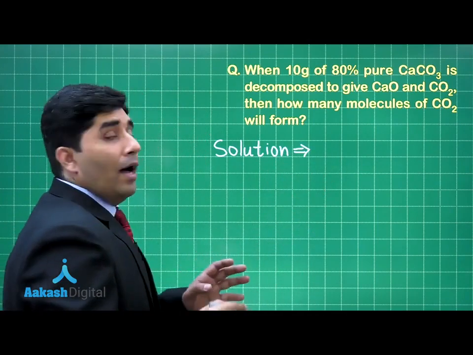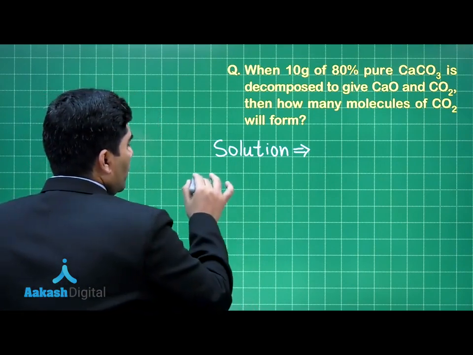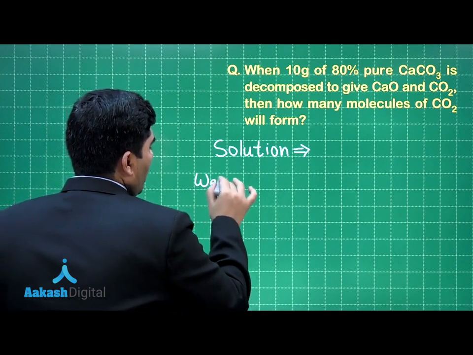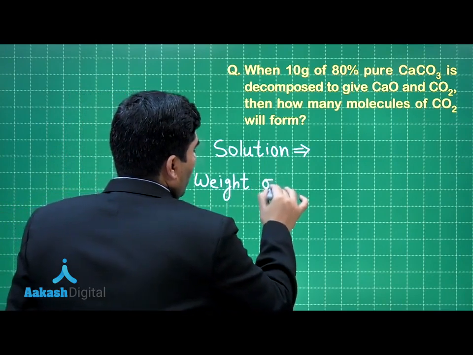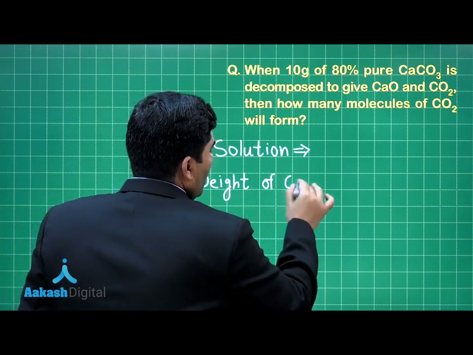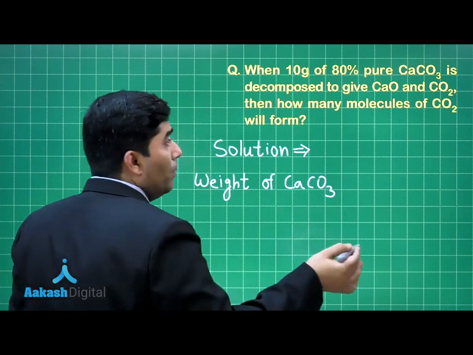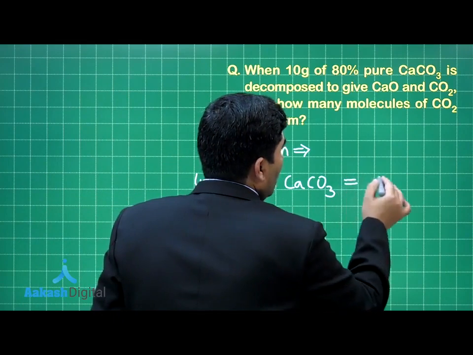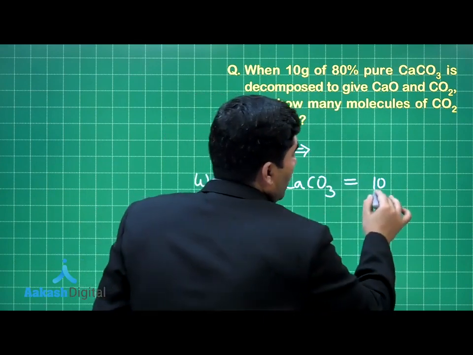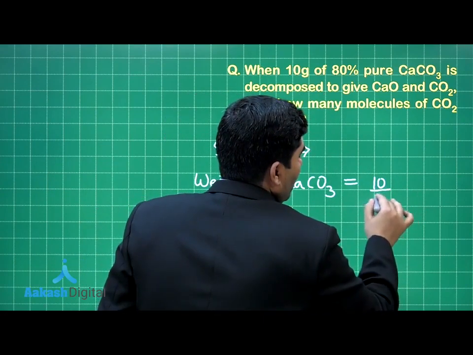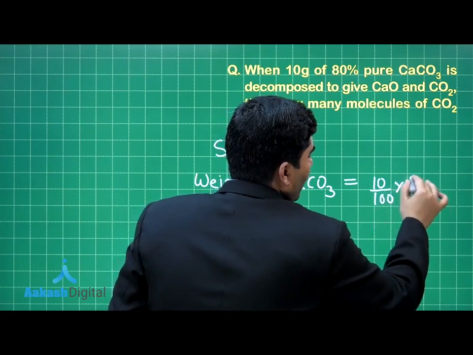First we have to find how much calcium carbonate actually we are having, and that is weight of calcium carbonate, and that will be equal to this 10 divided by 100 into 80.